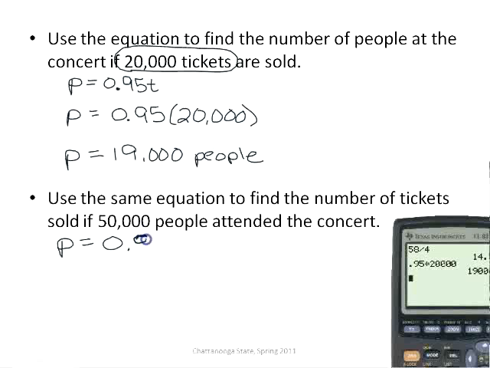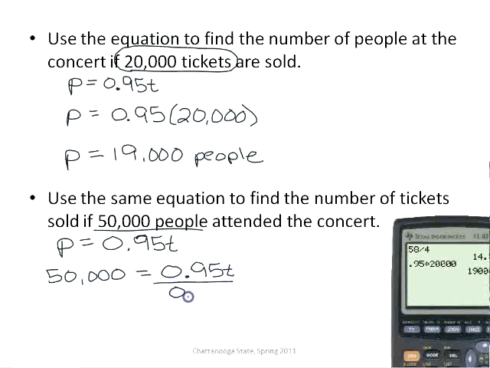P equals 0.95 times T. But this time I don't know the number of tickets, I know the number of people attending. So I would have 50,000 equals 0.95 times T. So in this case I need to divide by 0.95 to solve for T.